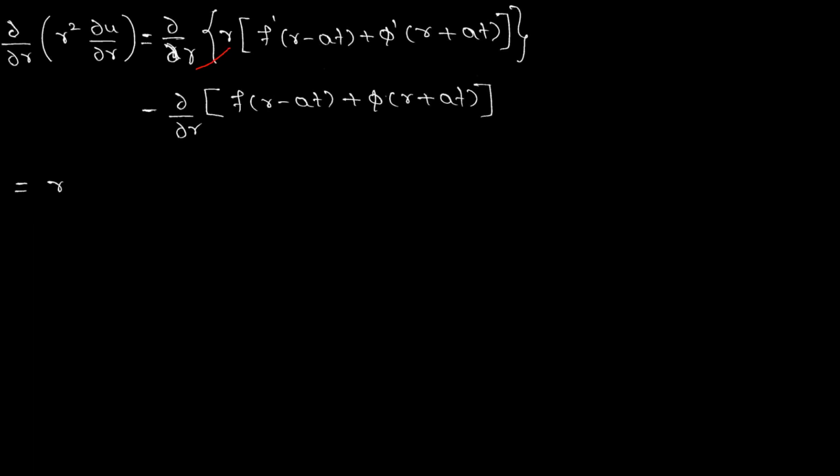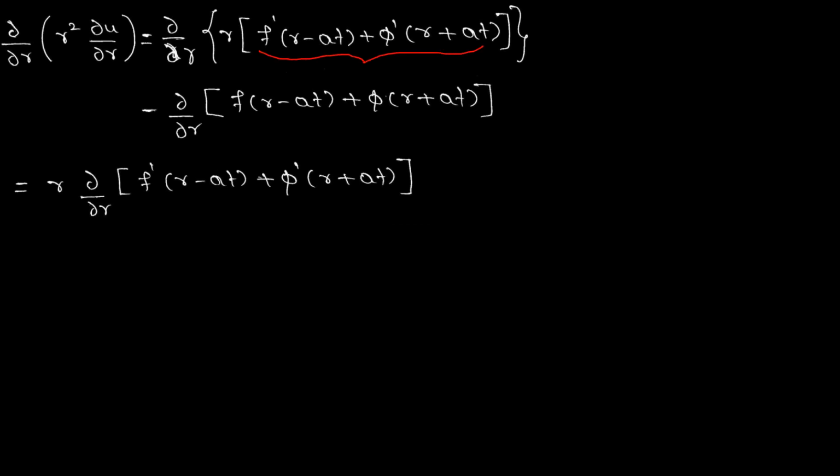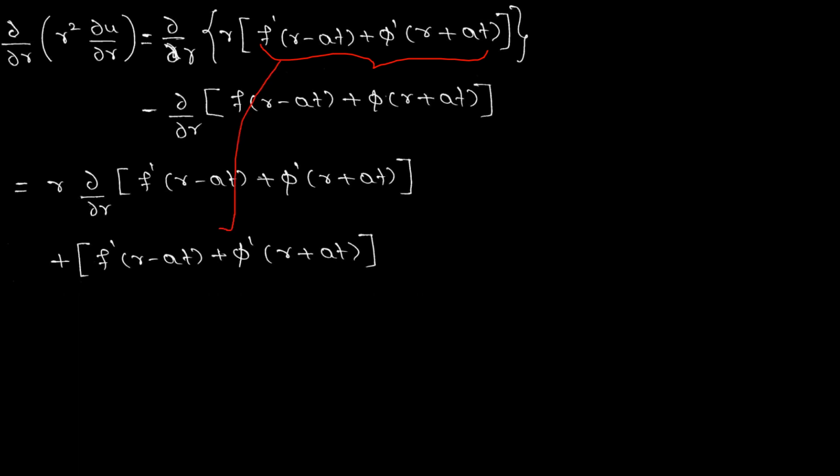First function as it is, dou by dou r of second term plus second term as it is. We have taken second term as it is. Dou by dou r of the second function. Sorry, dou by dou r of the first function, which is r.